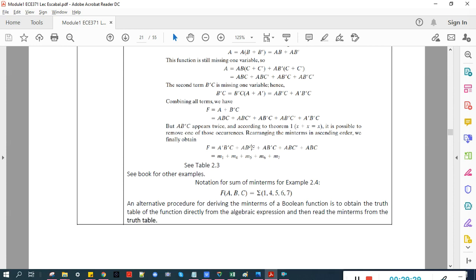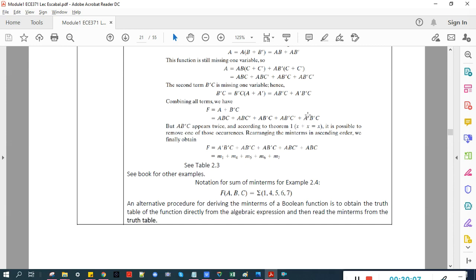There's an error here. This should be A prime B prime C, or 0, 0, 1. This is actually A prime B prime C, so it's lacking A prime here.